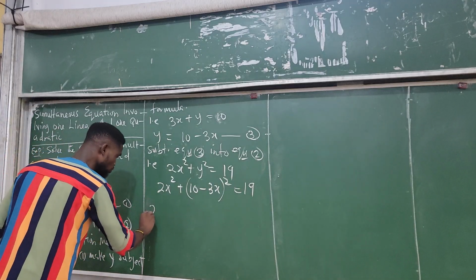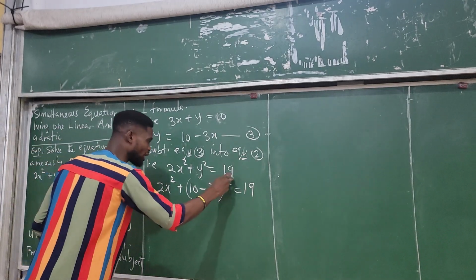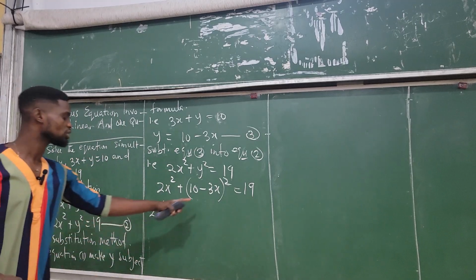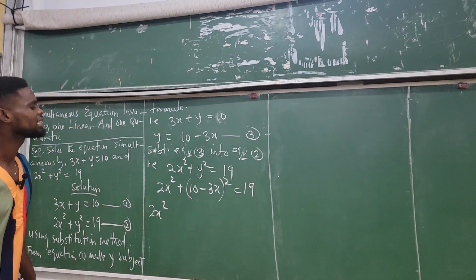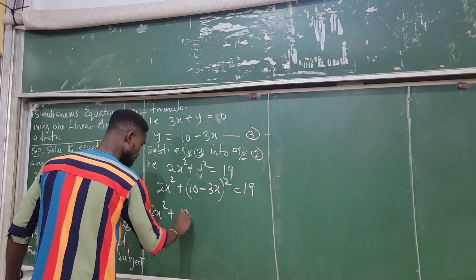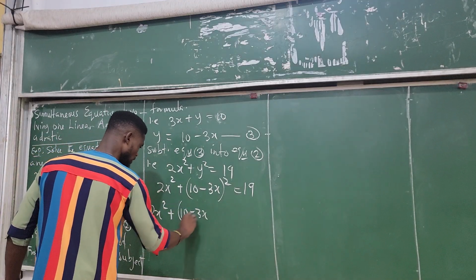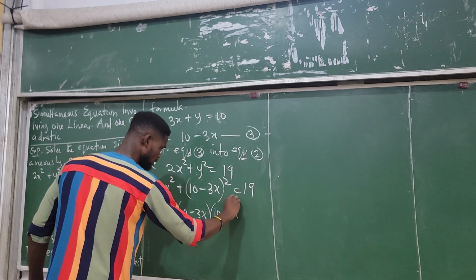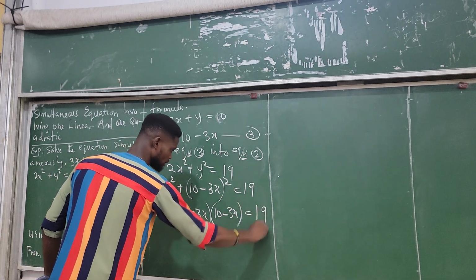So we have 2x squared. This is squared, so expand it. If you expand it, we have 10 minus 3x, that is the first one, and the second one is also 10 minus 3x, is equal to 19.